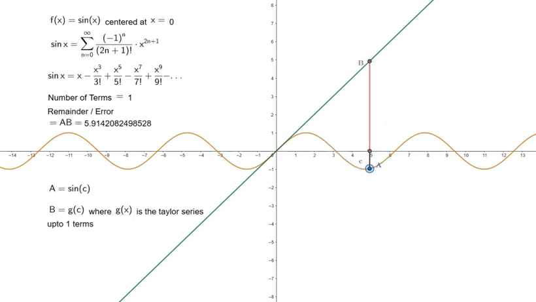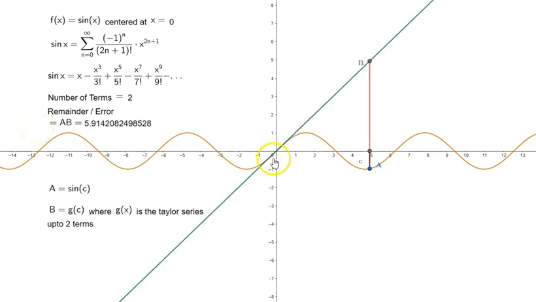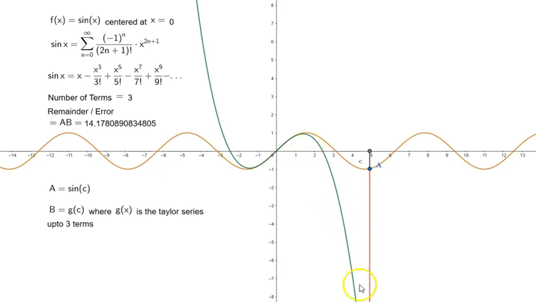Let's increase the number of terms to 2. When I take 2 terms, it doesn't change. Why? Because the second term is actually 0, which we have ignored here. If I take it to the third term, this is what I get. The fourth term is also 0. Fifth.